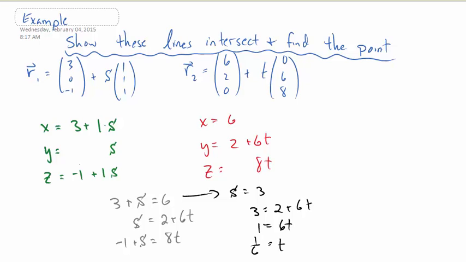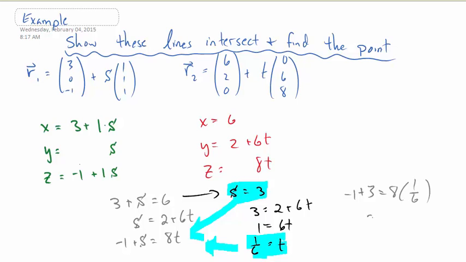Now to find out if these two things do indeed intersect each other, we're going to take our value of s and our value of t and substitute into that third equation for z. And we're going to get negative 1 plus 3 equals 8 times 1/6.